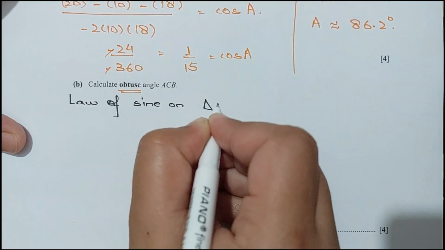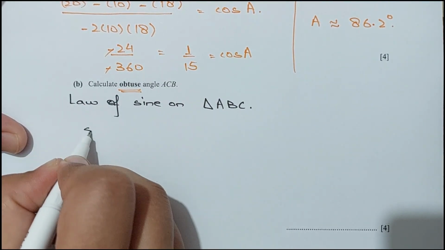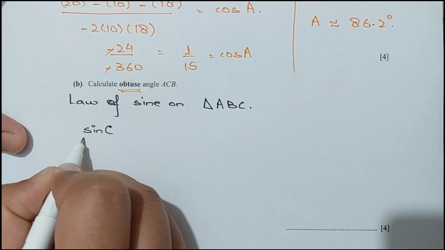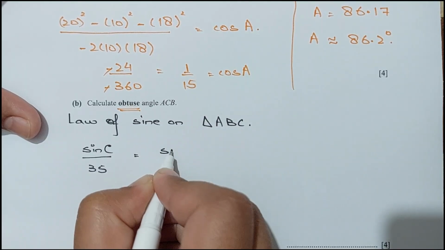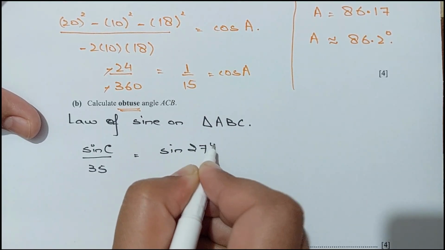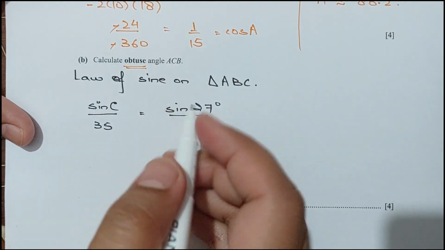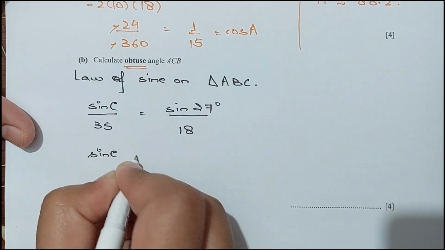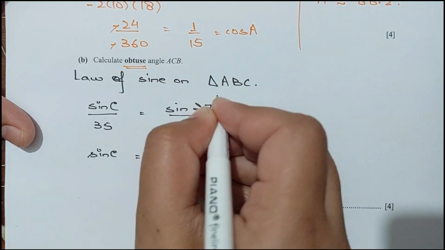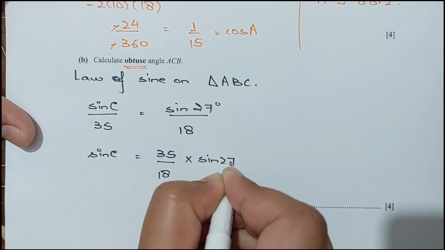on triangle ABC. We have to find sine C over its opposite side, 35 meters, equals sine of the angle 27 degrees over the side opposite it, 18. We can easily find that sine C equals 35 over 18 times sine 27 degrees.